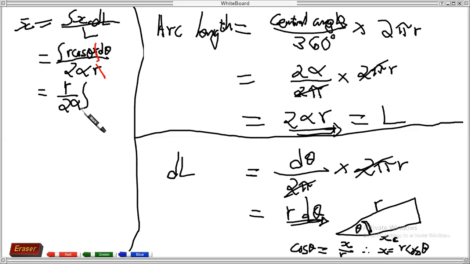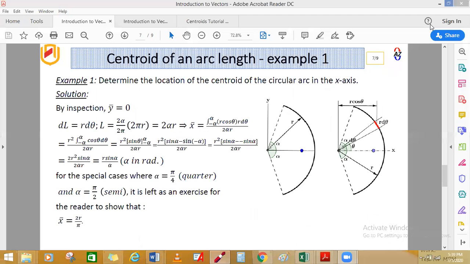Then here is your integral sign, and you're left with cos theta, the term that you are integrating with respect to theta, d theta. So you need to integrate this now from here to here.